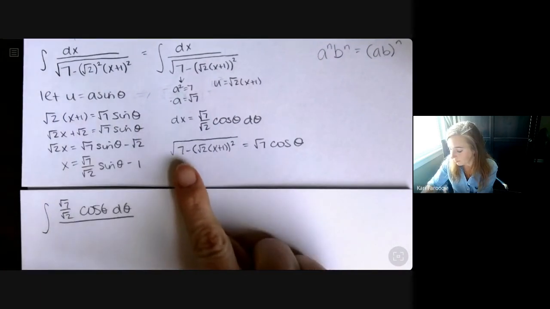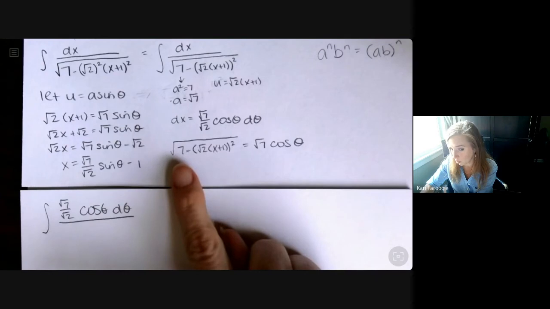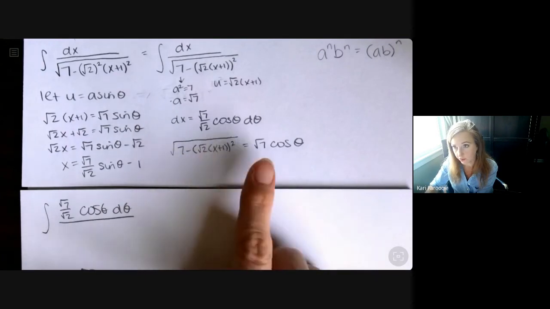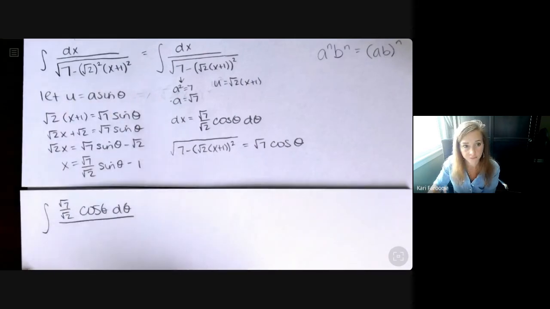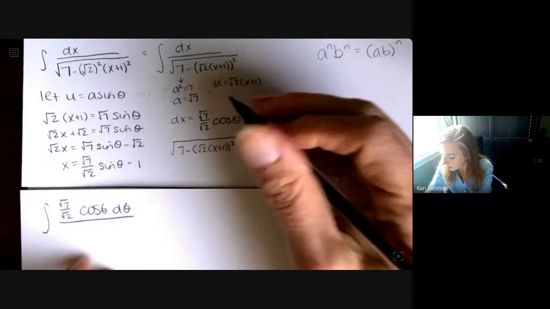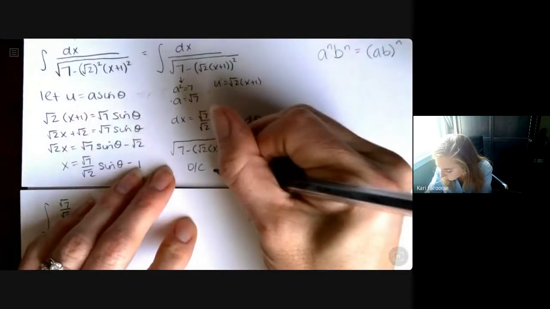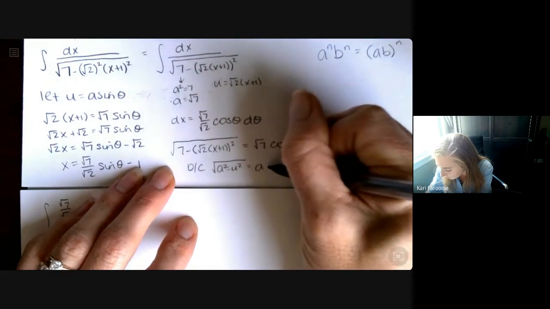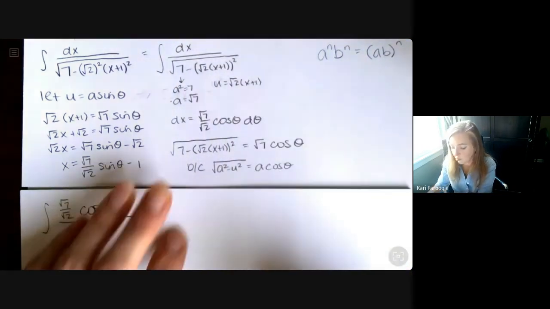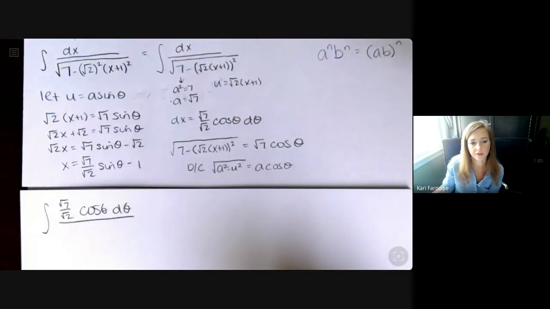So the substitution that you make here for the square root of a squared minus u squared is a cosine theta, where u is a sine theta. The radical is a cosine theta. I feel like this looks weird just because it's different. So if you're wondering where that came from, that's where it came from.